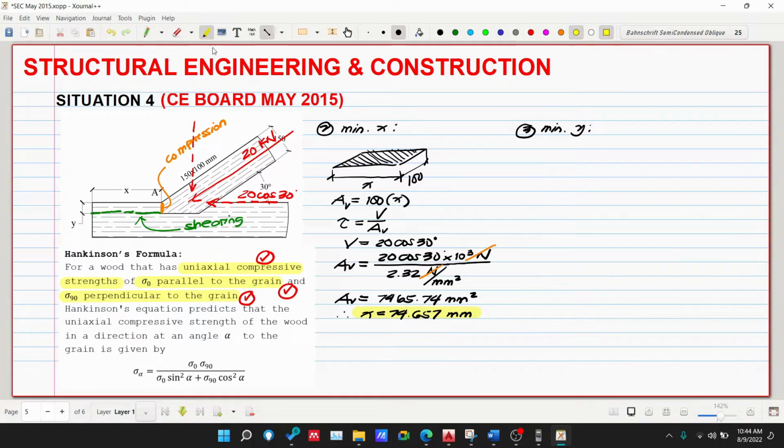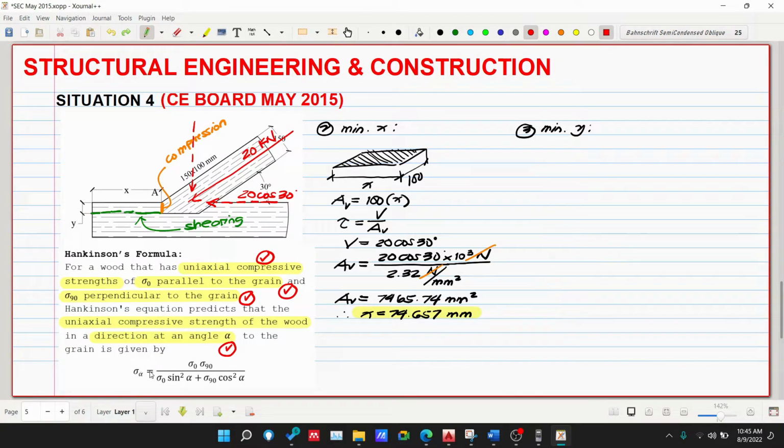The Hankinson's equation predicts that the uniaxial compressive strength of the wood in the direction at an angle alpha to the grain is given by, so meron tayong alpha. Ating alpha is yung 30 degrees. So ito yung equation na gagamitin natin. Ibig sabihin, kailangan natin kunin yung stress with respect to angle alpha. Okay? So ito yun.